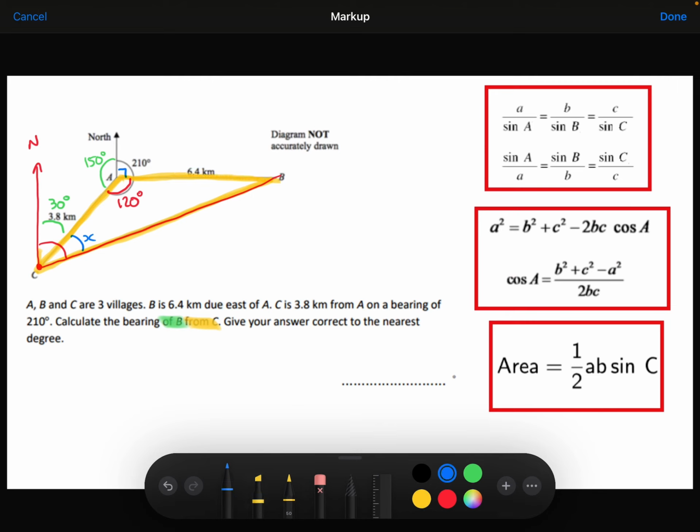My first stage is I'm going to work out the other side of the triangle here. So I'm going to call that A, which means the 120 will be angle A. I'll call the 3.8 side B and the 6.4 side C.